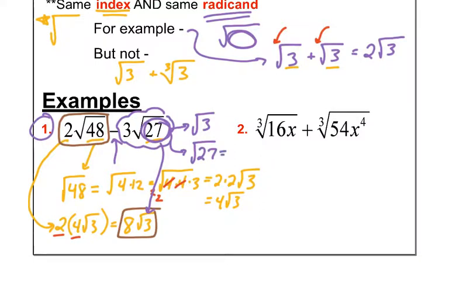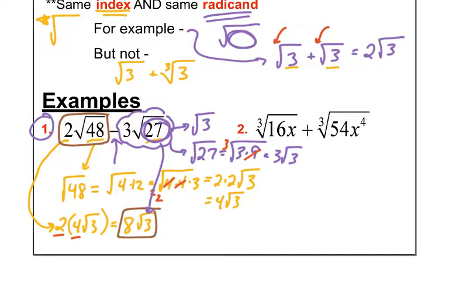And if I want a 3 left over, this has to be 3 times something that we're going to be able to rip out. And in fact, 27 is 3 times 9, and that's your perfect square that you can rip out, folks. The square root of 9 is 3. So the square root of 27 turns into 3 times the radical of 3.